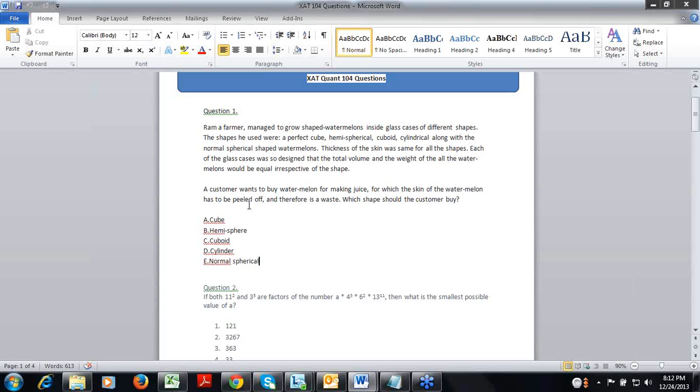A customer wants to buy a watermelon for making juice, for which the skin has to be peeled off and is therefore a waste. Which of the following shapes should the customer buy?